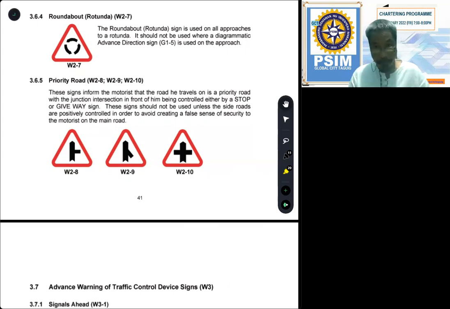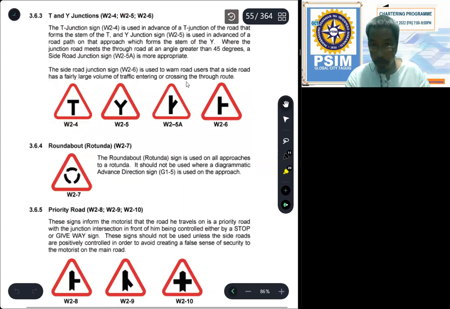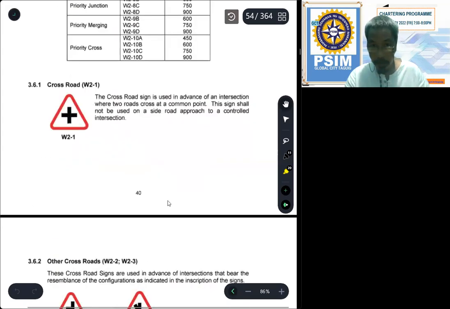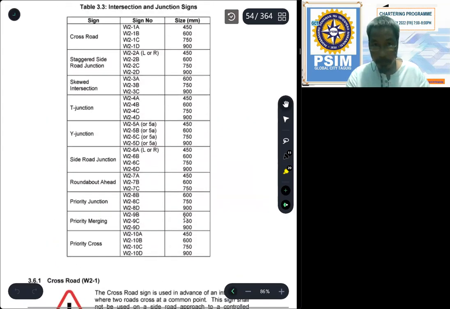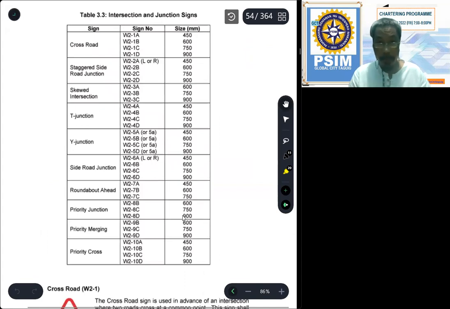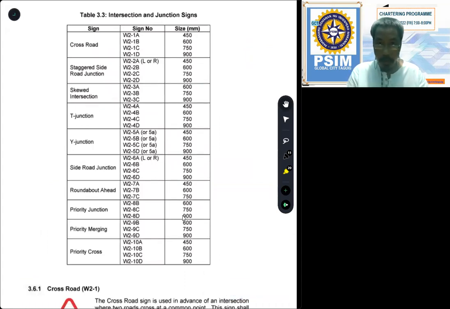So we can summarize the 10 here: we have crossroad, staggered side road junction, skewed intersection, and then T junction, Y junction, side road junction, roundabout, priority junction, priority merging, and priority cross.